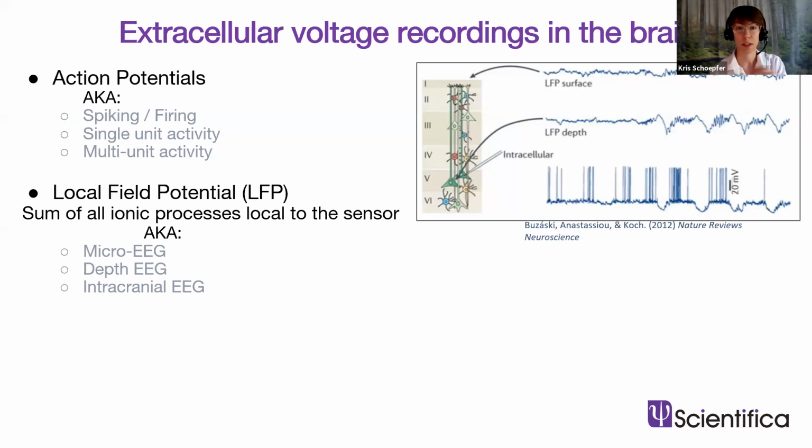And we can also record multi-unit activity. So if we have one sensor surrounded by a bunch of neurons, we're able to record the spikes from many neurons at the tip there. And of more interest to many is the local field potential. These might be continuously sampled traces that vary. You see these temporal fluctuations in voltage across time.